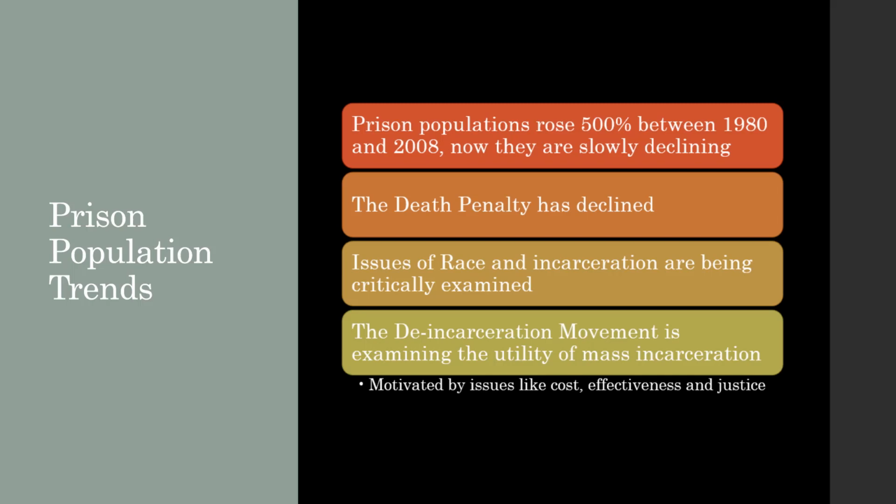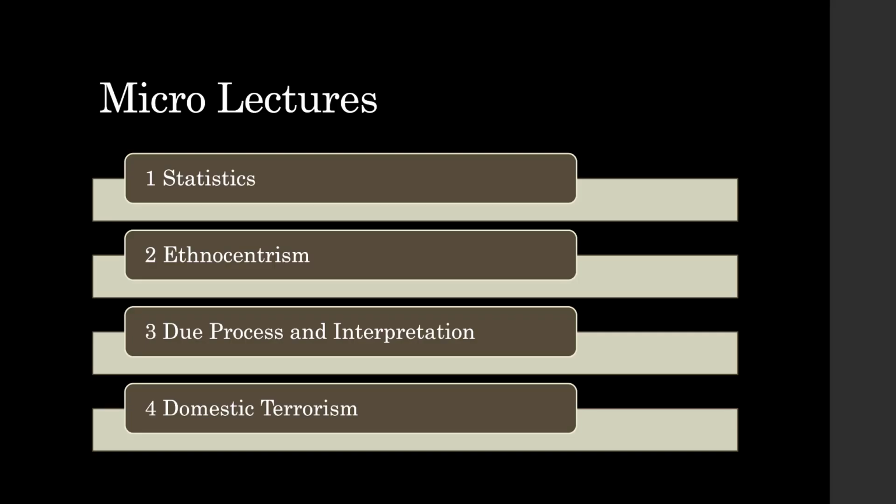The other things to examine are things like race and incarceration, because this is related to prison, is what percentage of people in prison are ethnic minorities, Hispanic, Asian, Indian, Native American, black. What about the de-incarceration movement, where we're looking at or questioning the whole idea of mass incarceration as effective?